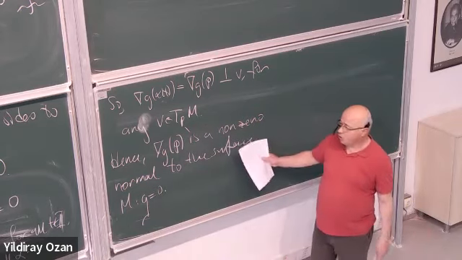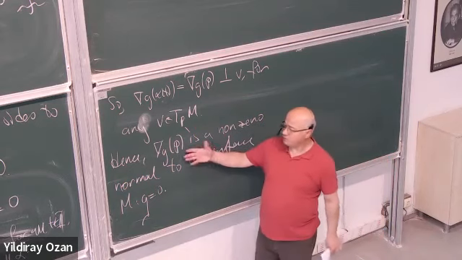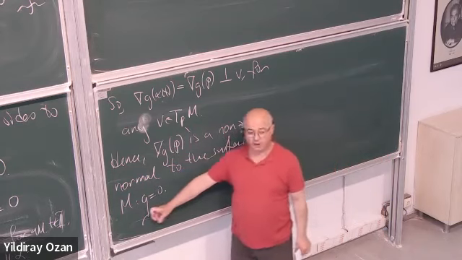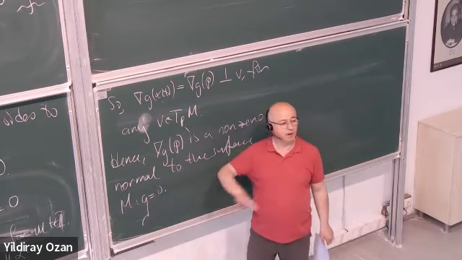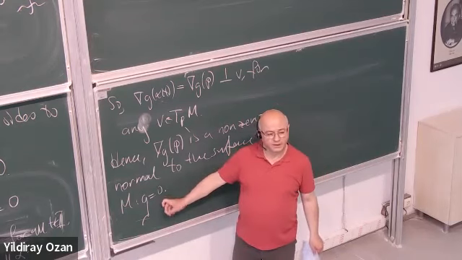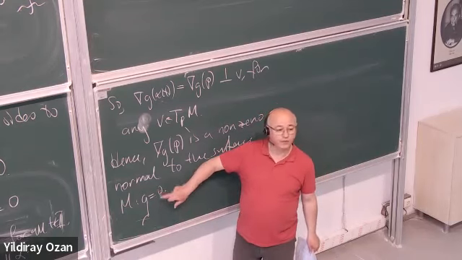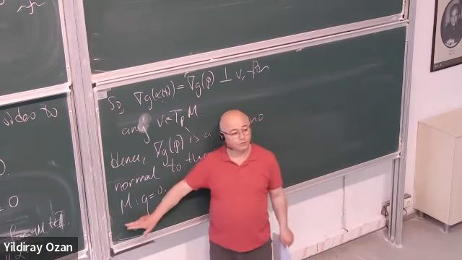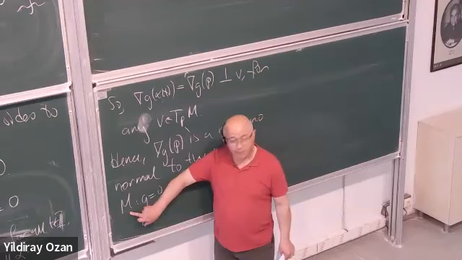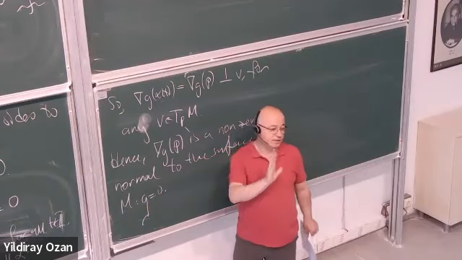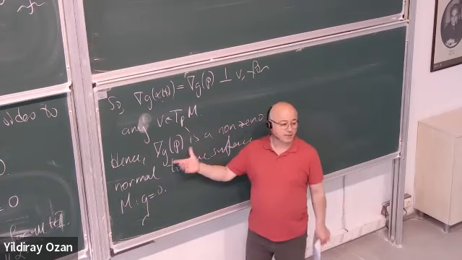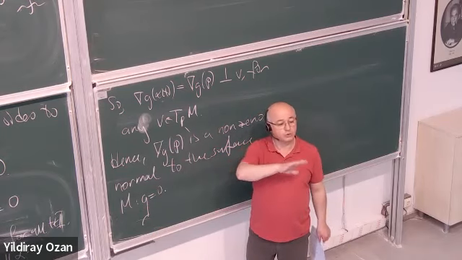So the conclusion is that if your surface M is a level surface of some function like this one, given by a single equation, you want 0 to be a regular value, meaning that the gradient of G at any point of the surface is a non-zero vector. It turns out that that non-zero vector is normal to the surface.